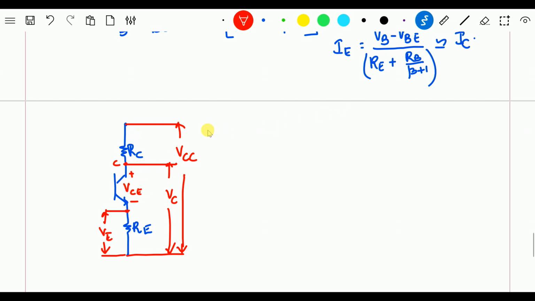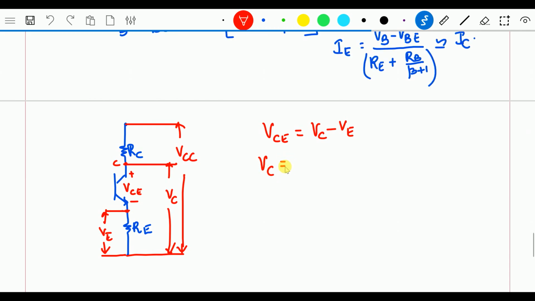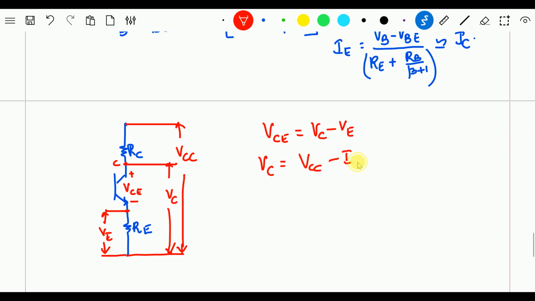With this circuit, I can say that the voltage across collector emitter equals VC minus VE. Can I say that? Because from here it is VC, from here it is VE. If I want to know this gap, that will be equal to the total value minus the remaining value. Now, VC equals the total voltage VCC minus ICRC, and we know that VE equals IERE.